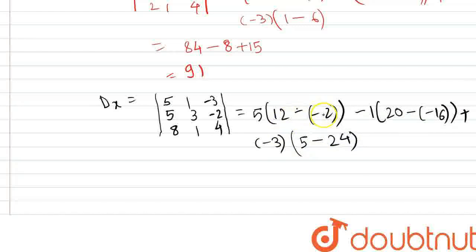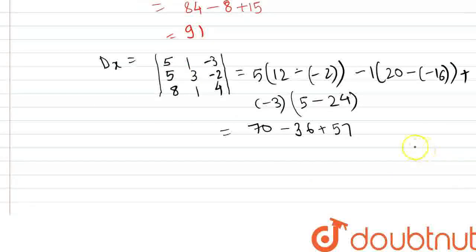So this is 14 into 5 equals 70, then 20 plus 16 equals 36, so 70 minus 36. Then 5 minus 24 equals minus 19, and minus 19 into minus 3 would be plus 57. So we get Dx equals 91.